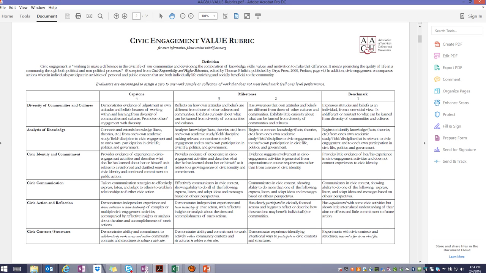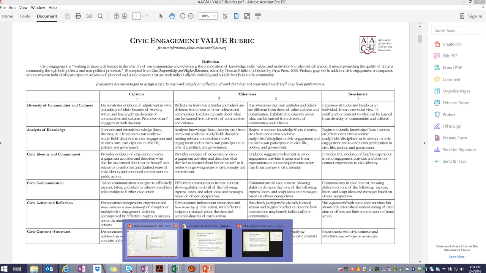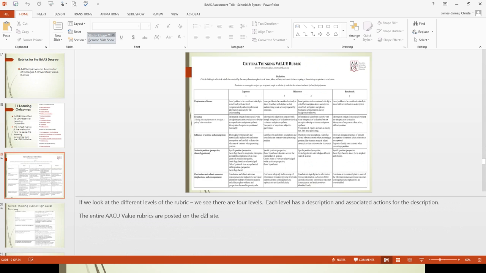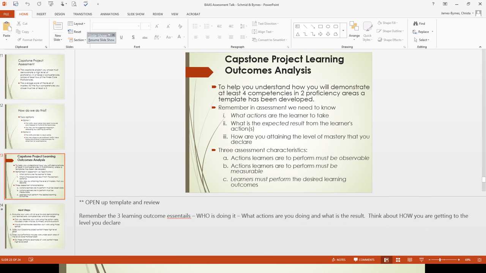I think the key thing that I really want you to remember, let me go back to the PowerPoint. I really want you to think about how, so you remember in your head, you've got, this is what I'm going to do, but you need to tell the assessment committee how you're meeting that.